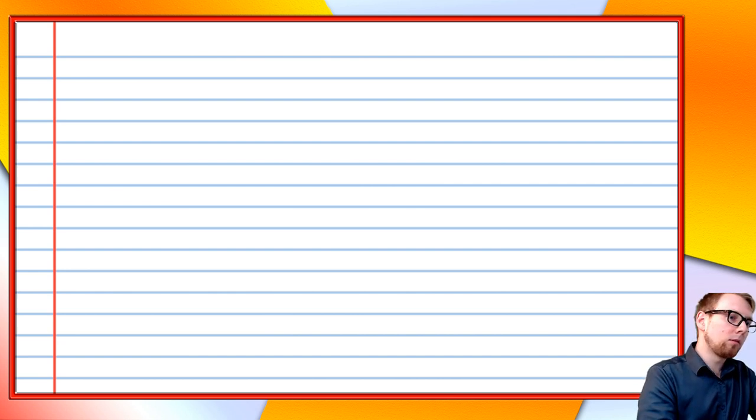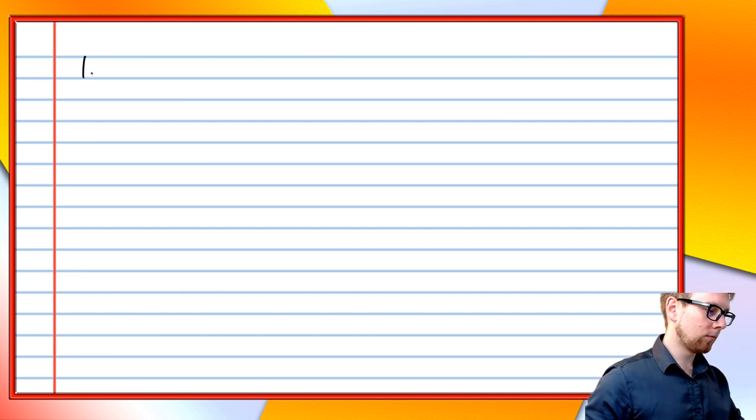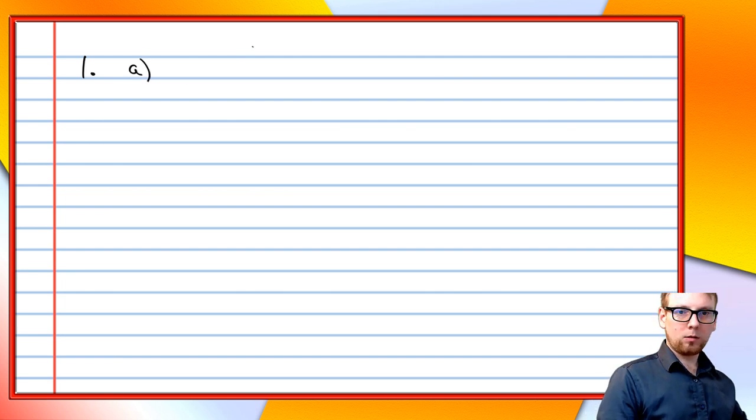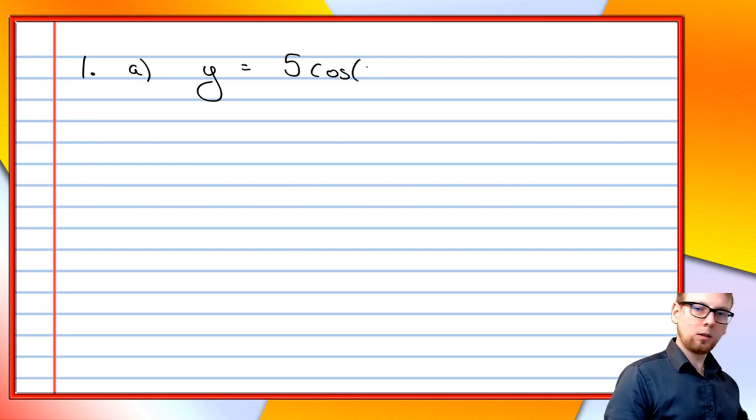Okay, so you know how to do it? Well, let's see what you got. Define for me the first one. y equals 5 cosine 2x plus 7.